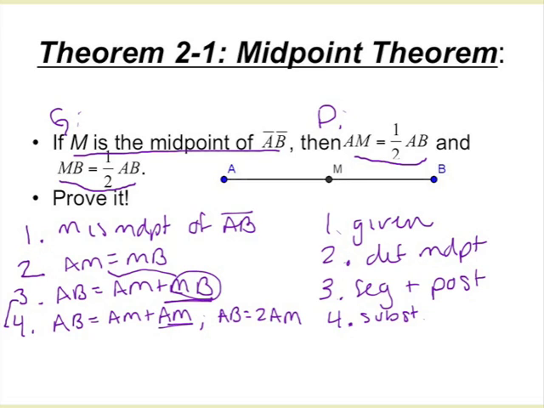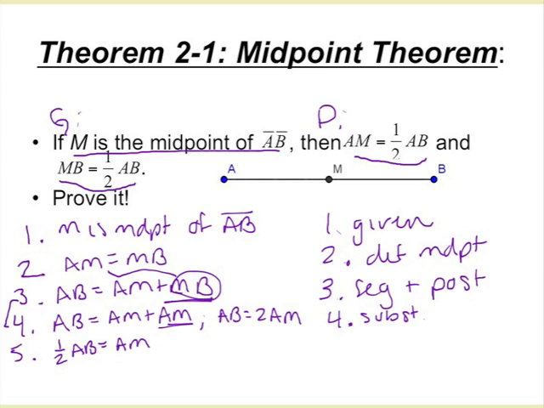Now if we look at what we have in step 4, and the first thing that we're trying to prove, that AM is half of AB, this seems really close. We've got the AM, we've got the AB, but we've got a 2 instead of a half. If we think about this like an algebra problem, I can get that 2 over to the other side, and it would become 1/2 AB is equal to AM.